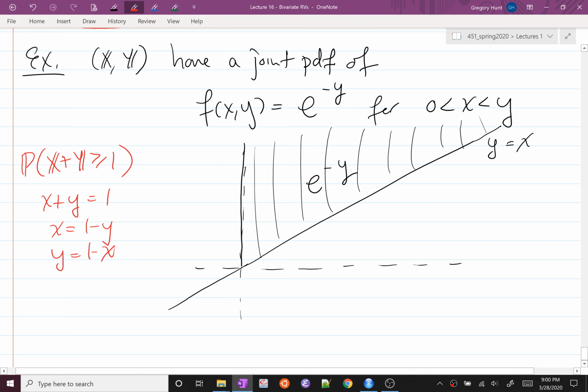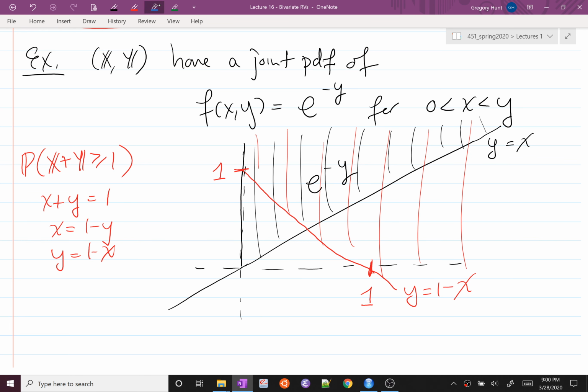If we draw the picture, we have 1 here, we have 1 here. This is our line, it's supposed to intersect there. y is 1 minus x. And if we want x plus y bigger, then it would be all the region over here.